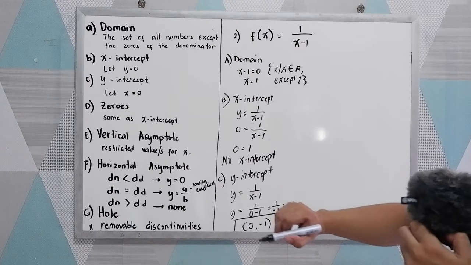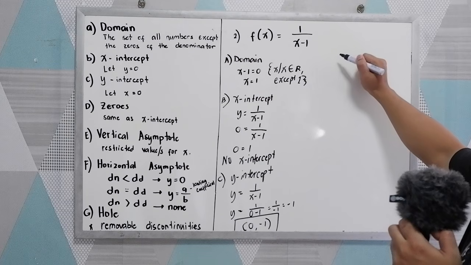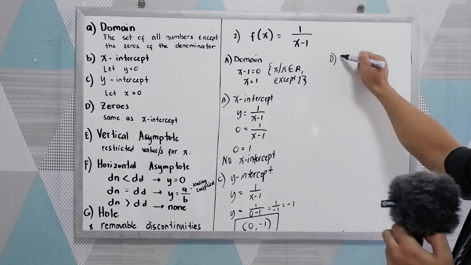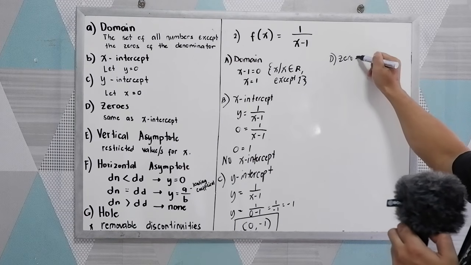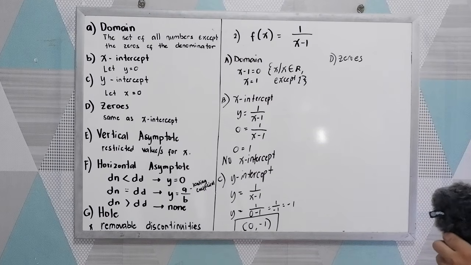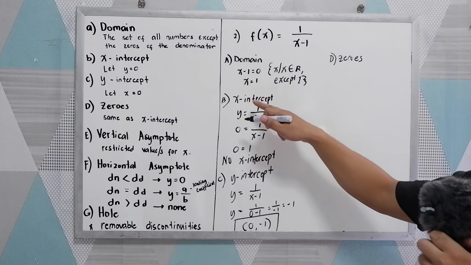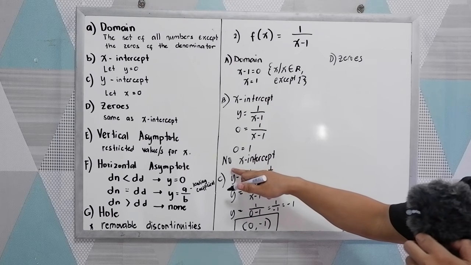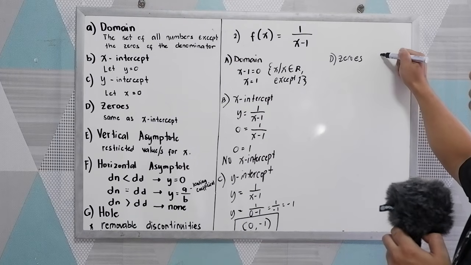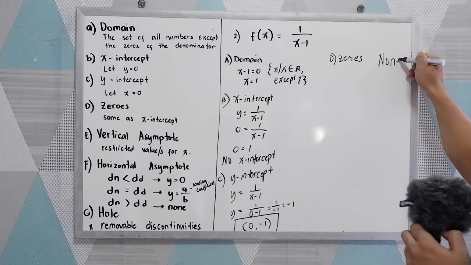And for the zeros, letter D, zeros, the same as the x-intercept. So we don't have an x-intercept. So zeros, none.